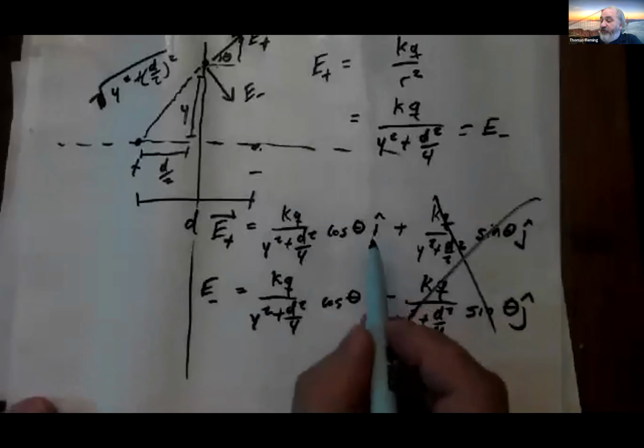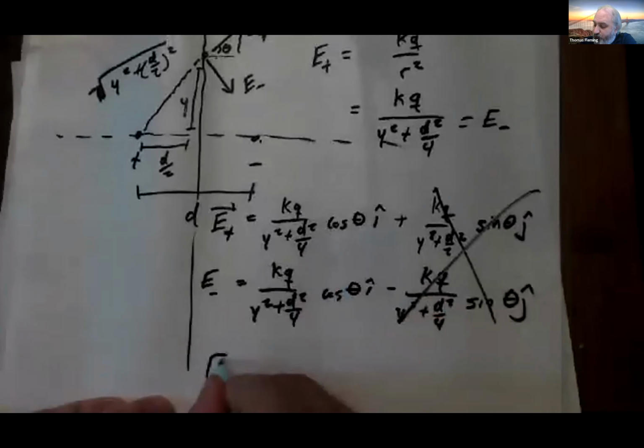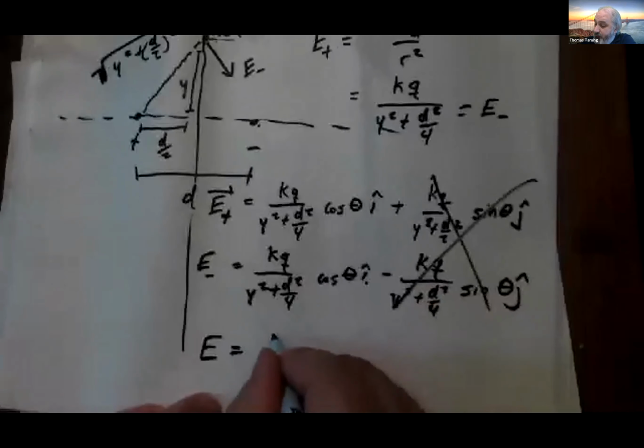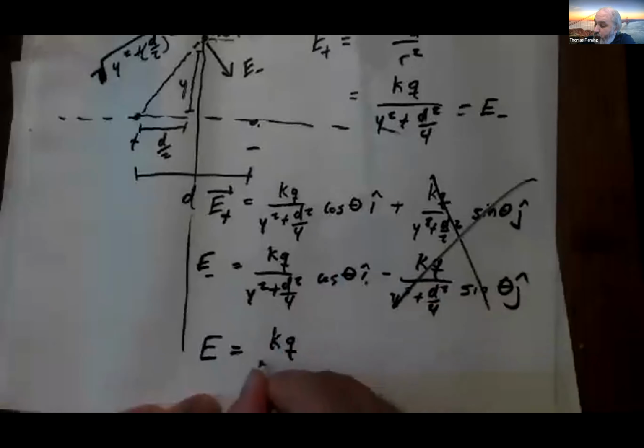The x components look exactly the same, so it's just that same thing doubled. So my total electric field is going to be purely in the x direction, and it's going to be kQ over yada, yada, yada, times 2.